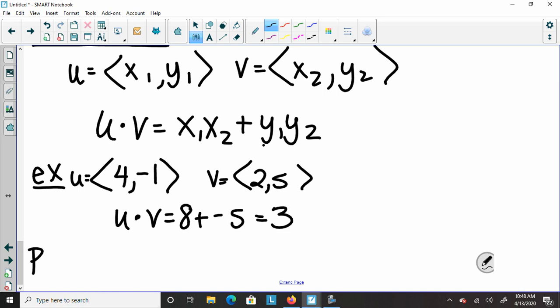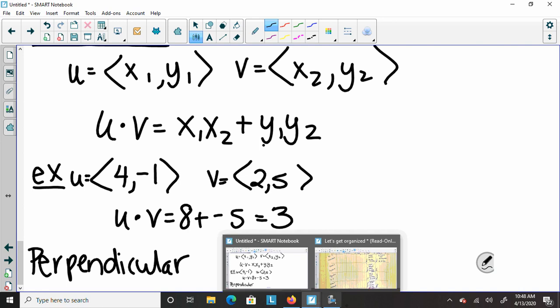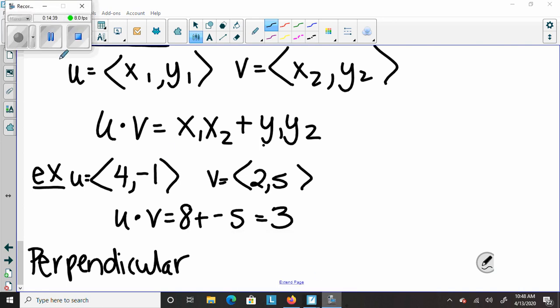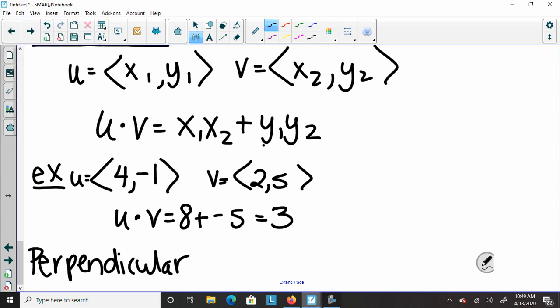So I'll write down our statement to tell if two things are perpendicular. Another word that we use for perpendicular when we're talking about two vectors is the word orthogonal. You might have seen it before, maybe in geometry. Ortho, that root there, means right.